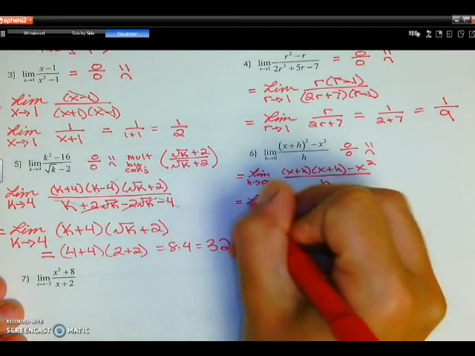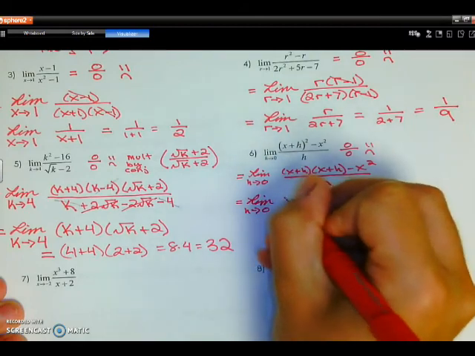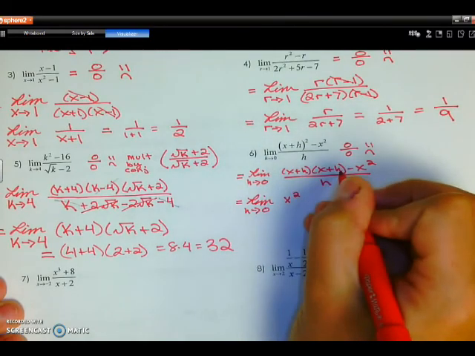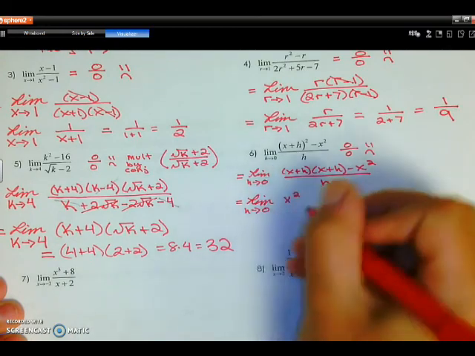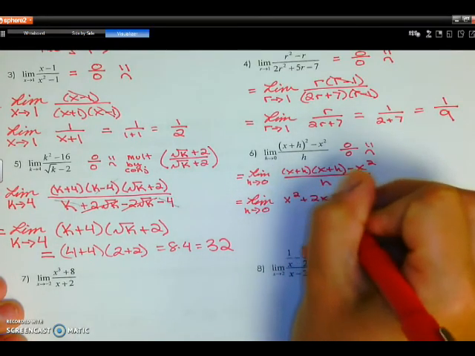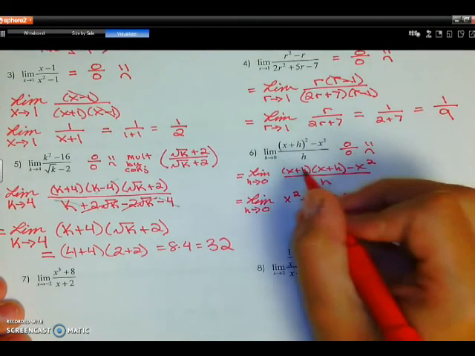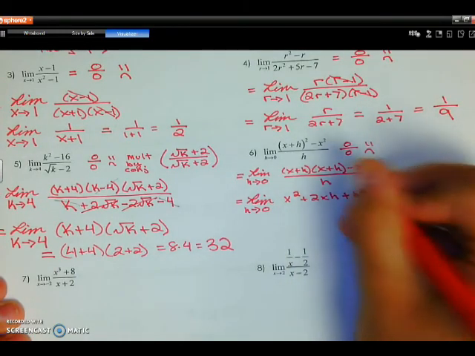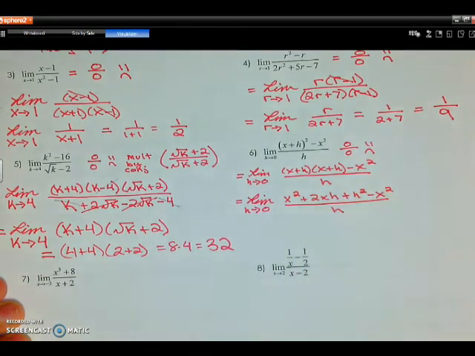So again, my limit come on down. So I end up with x squared. I'm going to get an xh and an hx. Well, those are the same, so I end up with 2 xh's, or hx's, doesn't matter, plus h times h is h squared, and then I have that minus x squared all over h.